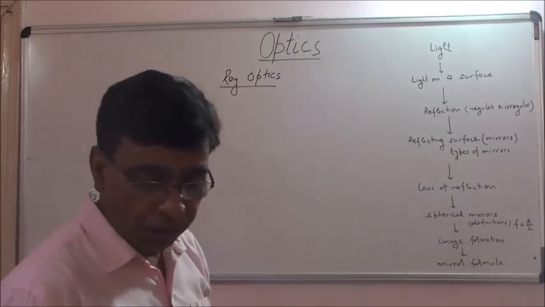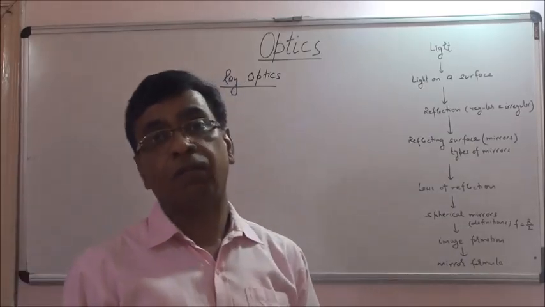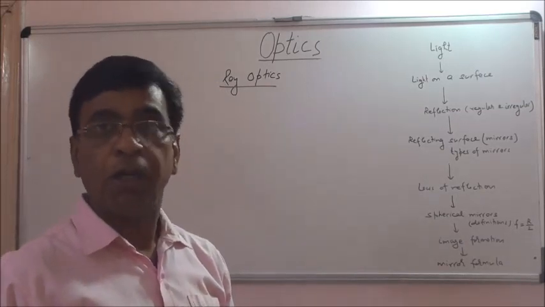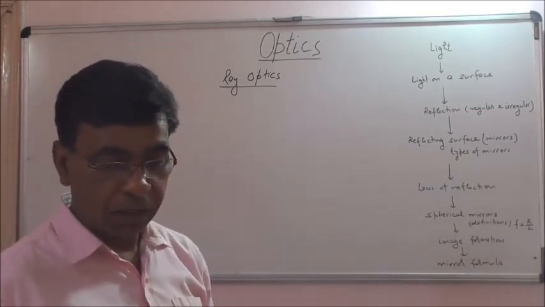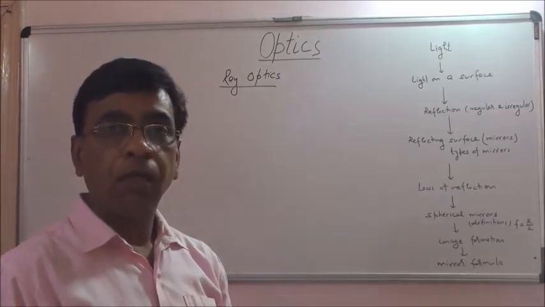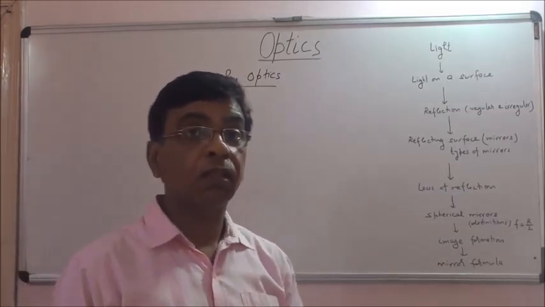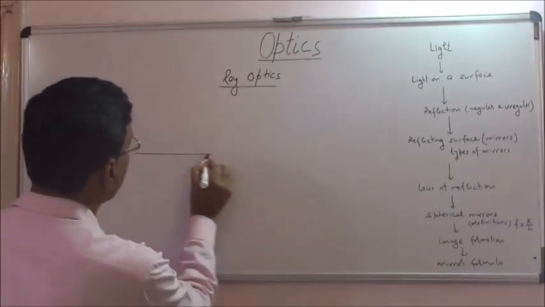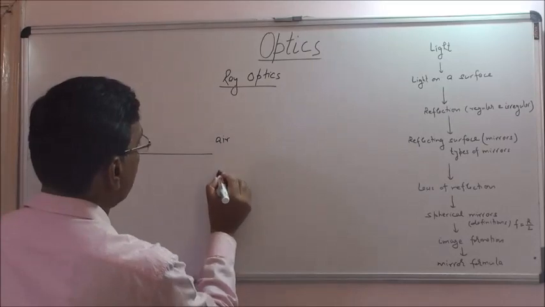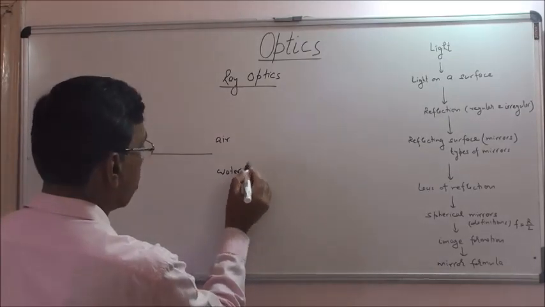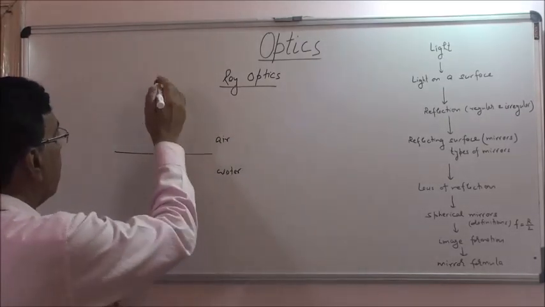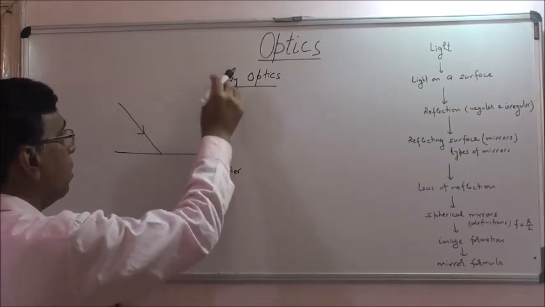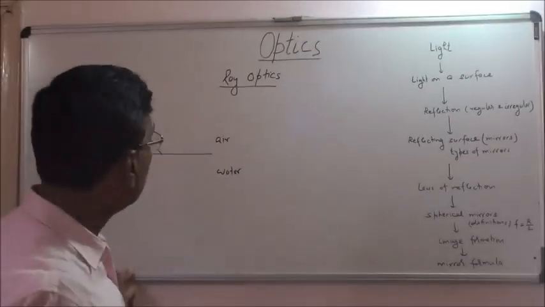In this particular topic, we will study about reflection and refraction. Reflection basics you already are aware of, you have done in class 10th and even in classes 6th and 7th you have studied about the reflection. But anyway, if I take two mediums, air and water, say for example, and light, again I am using a ray to represent light.